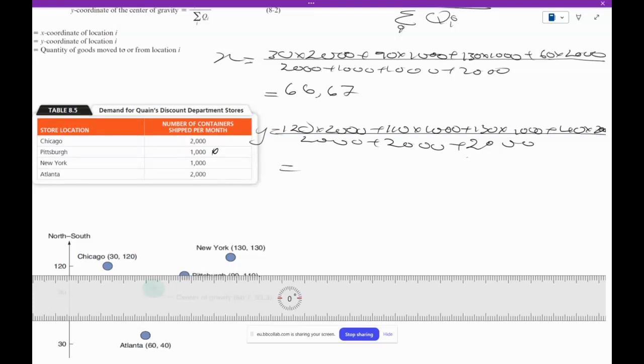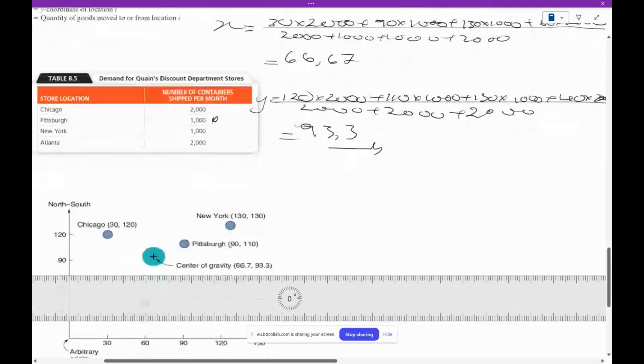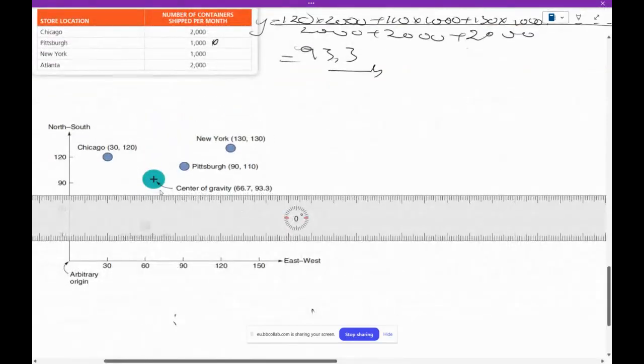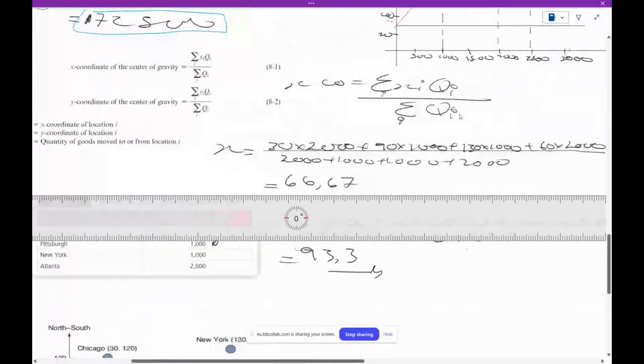The one below, it's 93.3. All right. So those are our center of gravity. So you'll choose your location based on this coordinate.